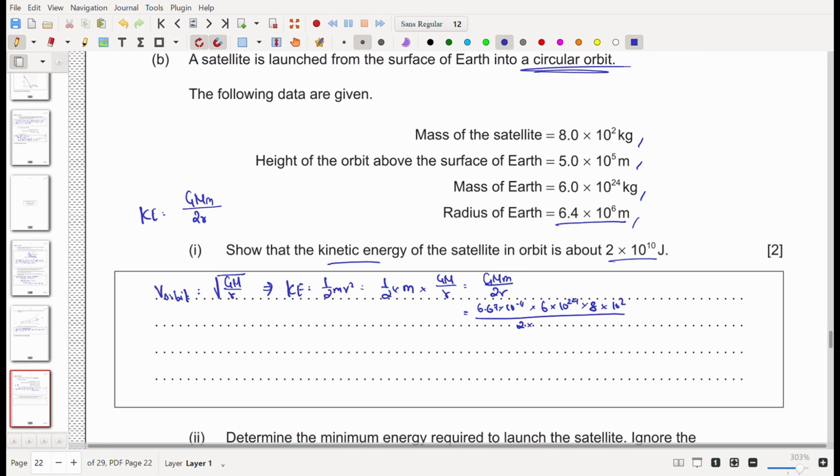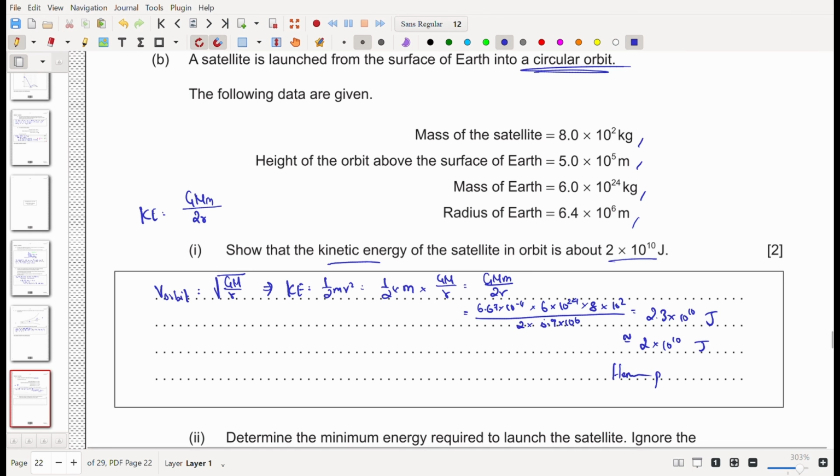You have to write 6.4 into 10 power 6 plus 5 into 10 power 5, which is 6.9 into 10 power 6. And this gives us 2.3 into 10 power 10 joules, which is approximately 2 into 10 power 10 joules. Hence, proven. That's it.